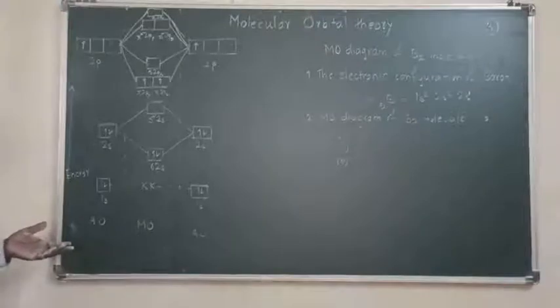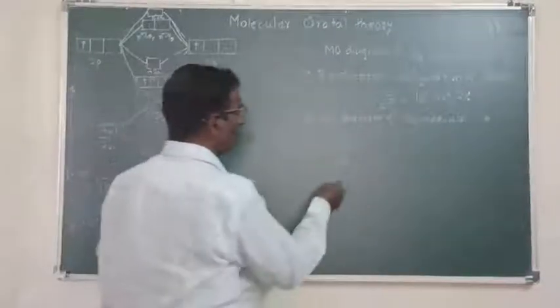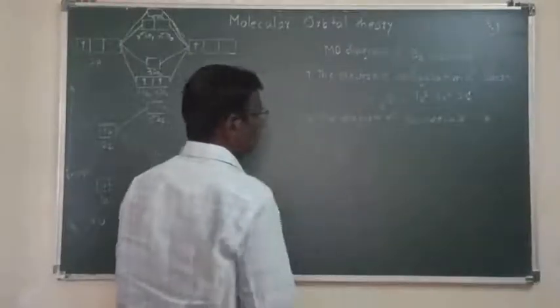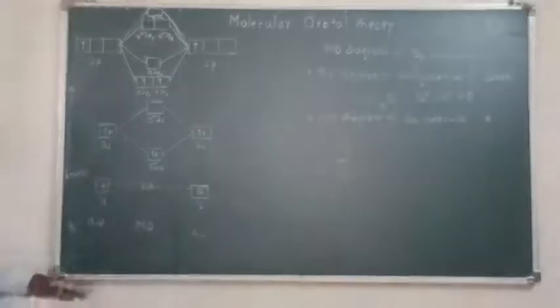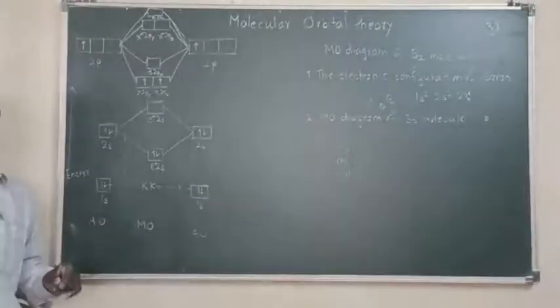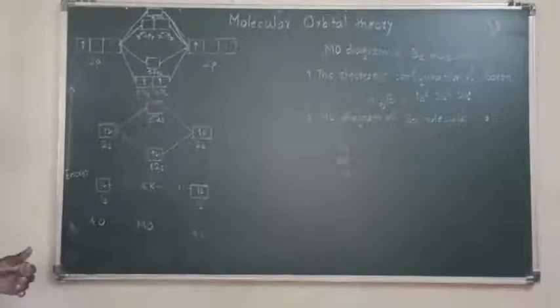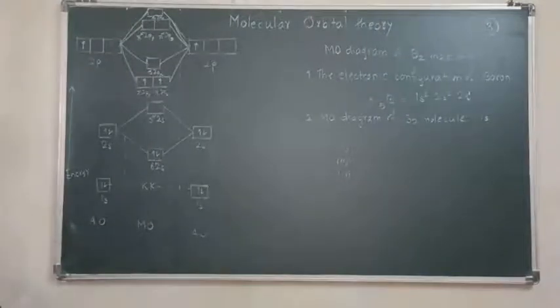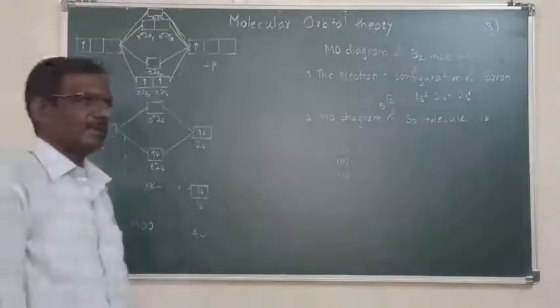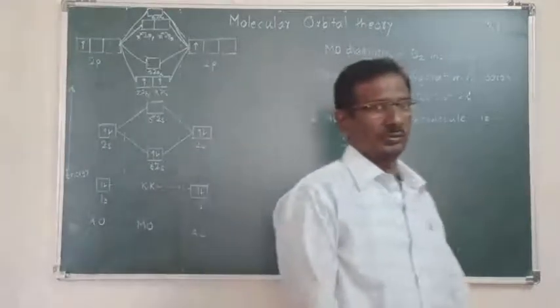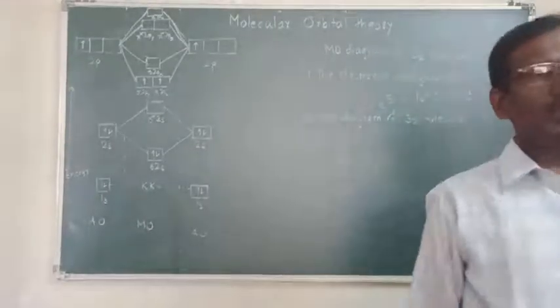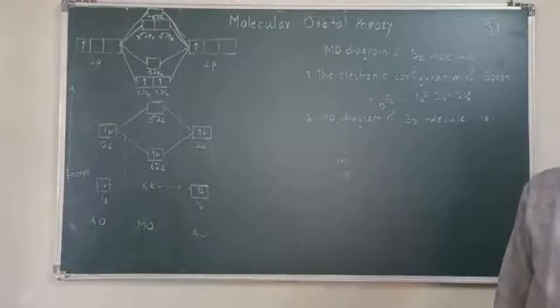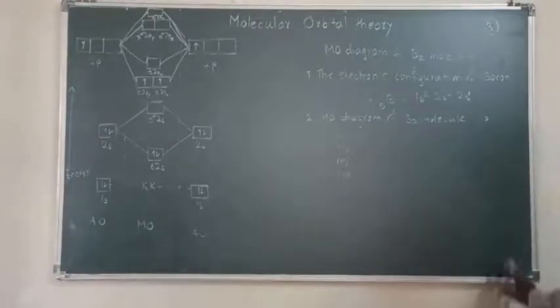Then fourth point is that electrons are filled into molecular orbitals according to the Aufbau principle, Pauli exclusion principle, and Hund's rule. You know what is meant by the Aufbau principle, Pauli exclusion principle, and Hund's rule.